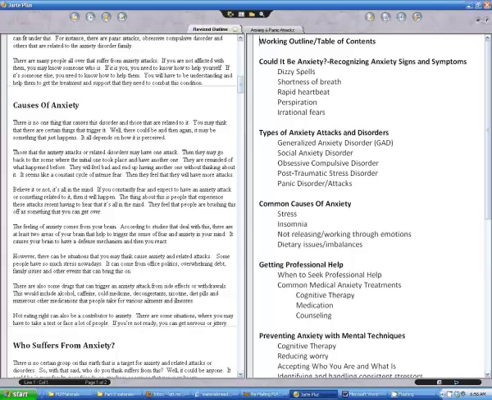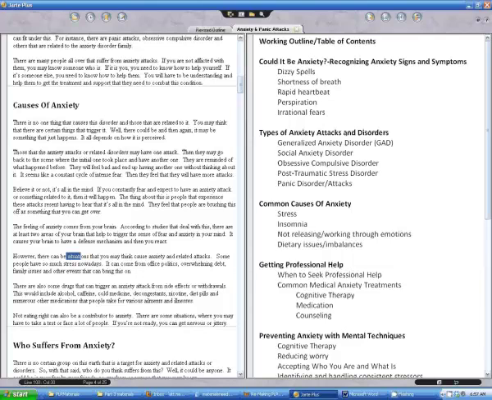This is causes of anxiety, and we have common causes. A lot of times what I'll do is look at the intro sentence and just see what the paragraph's about. Like situations, stress, but again, this isn't really particularly helpful. It just gives you some examples.